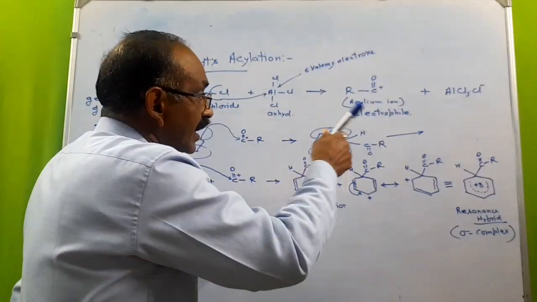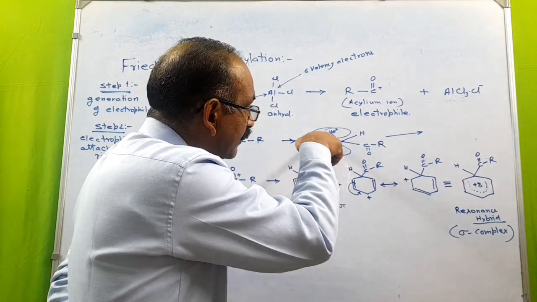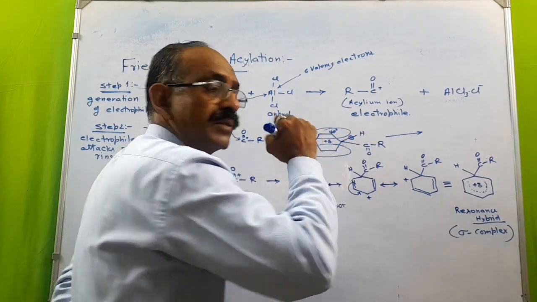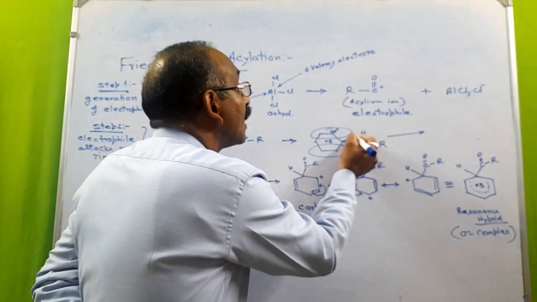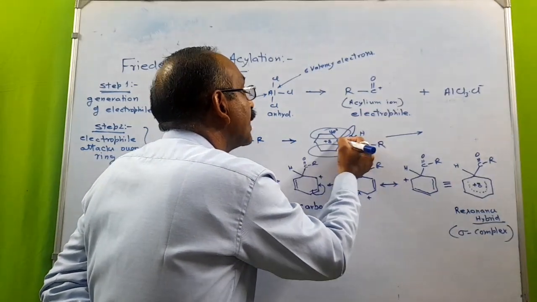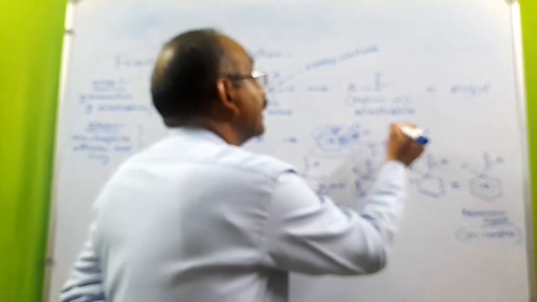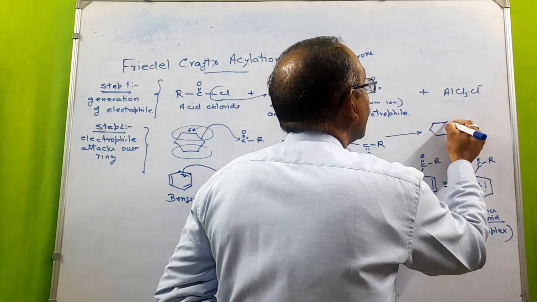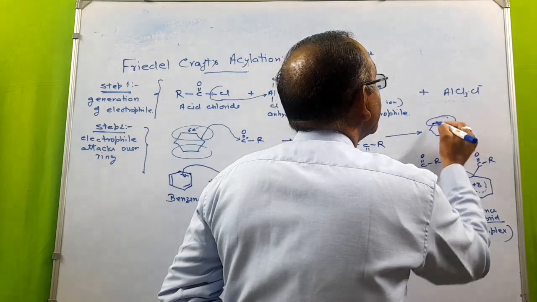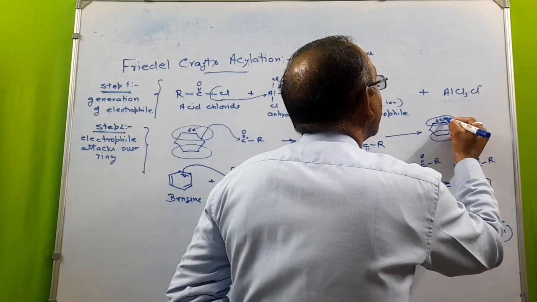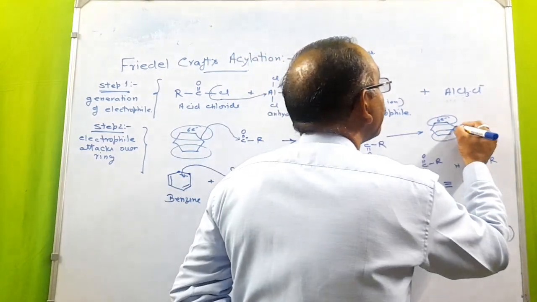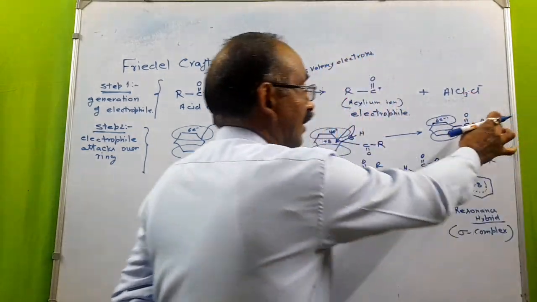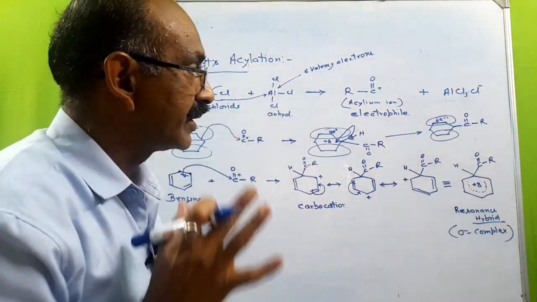Finally, in order to compensate the deficiency of the ring, the hydrogen which has to be replaced donates its electron pair to the ring and sets free as a proton, and thereafter the deficiency of the cloud of the ring is compensated, and the electrophile forms a bond with the ring.